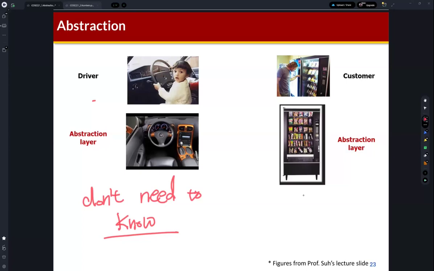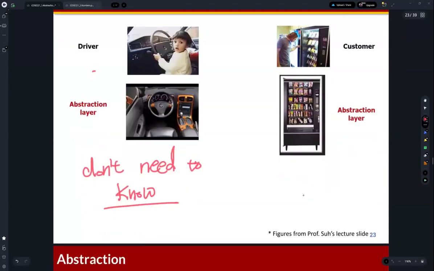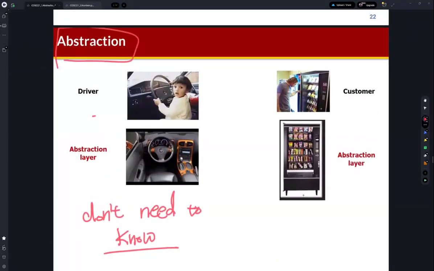So I want to say that even though the target system is very, very complex, only the simpler things, only the required knowledge, is revealed to the driver. Okay? So this is the concept of abstraction.